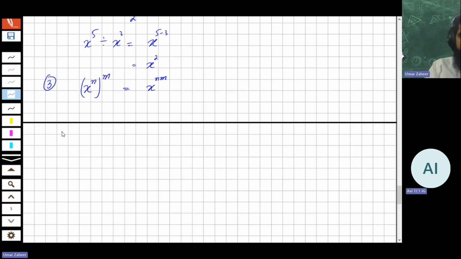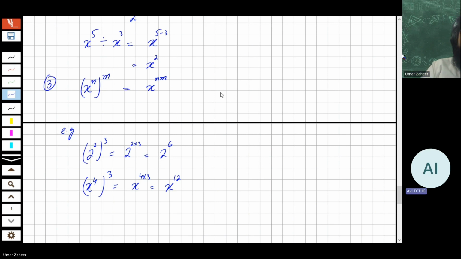For example, you have 2 raised to power 2 and whole raised to power 3. The power on the power will be multiplied. 2 multiplied by 3, that will be 6. In the same way, you have x raised to power 4, whole raised to power 3. The power on the power will be multiplied, you will get 12.